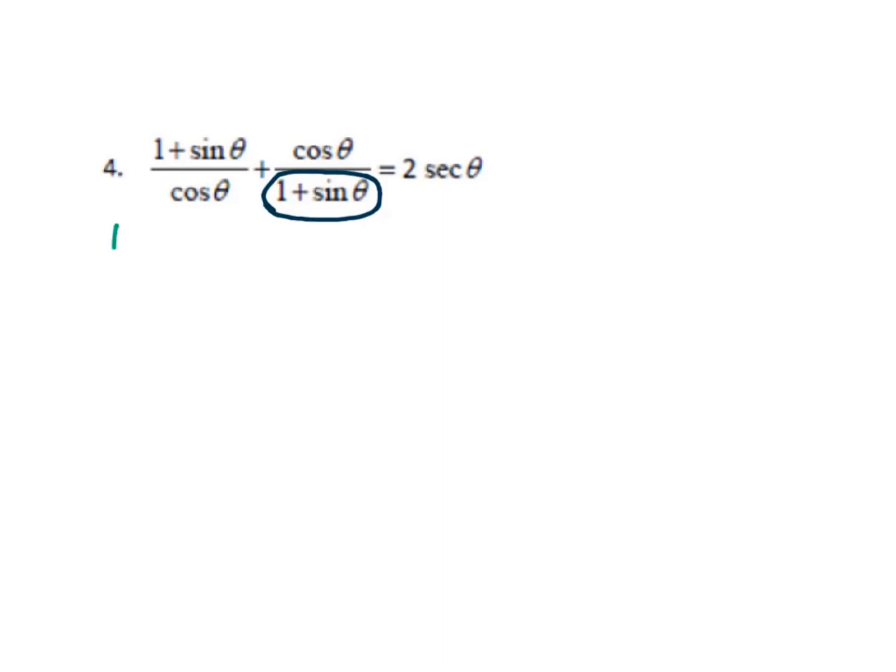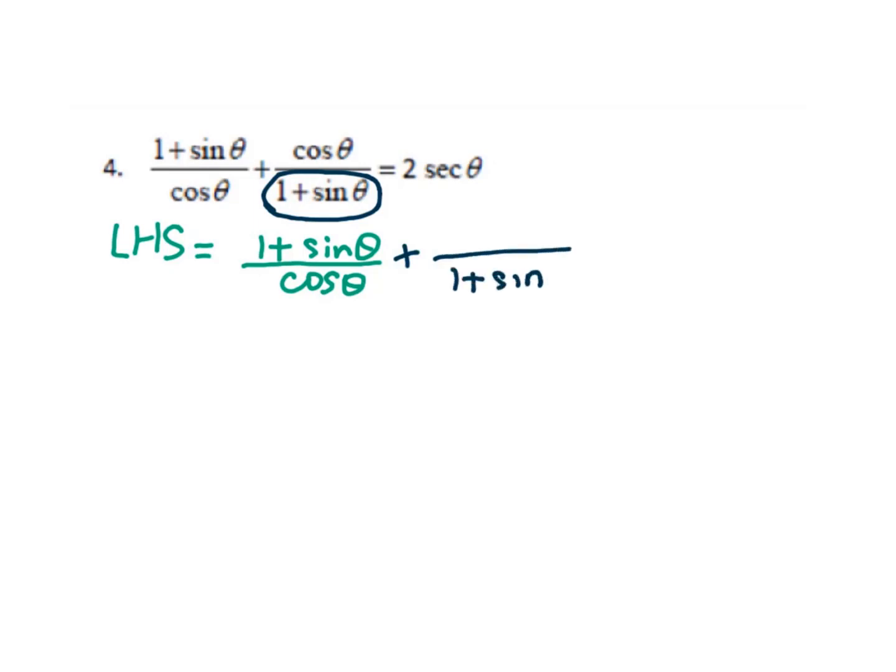So we get started from the left hand side. Change everything into sine and cosine. It's already sine cosine for the first part. Then I'm working on 1 plus sine theta, do the conjugate multiply.